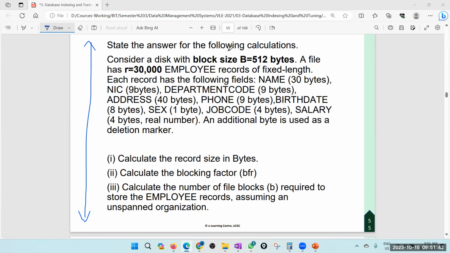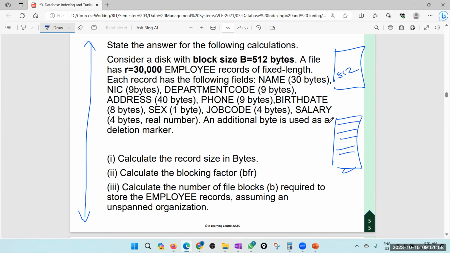Right, let's do it. So the block size is 512. One block is 512. The file has 30,000 records of employee records of fixed length. Each record has the following fields.